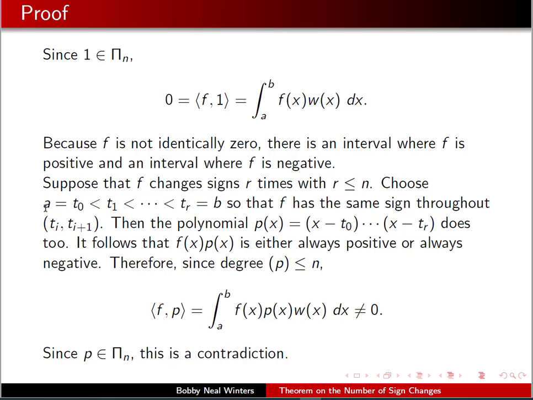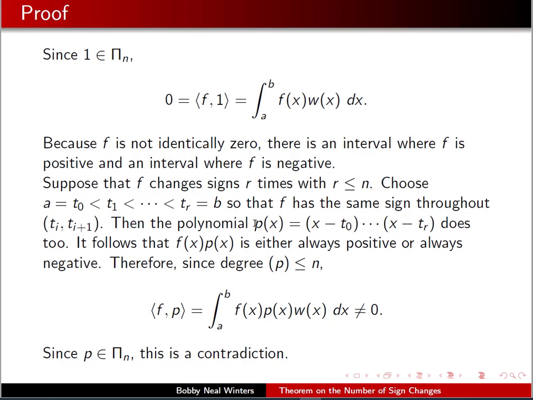Okay, so choose numbers t0 through tr that are strictly increasing so that f has the same sign throughout ti to ti plus 1. So it's the same sign throughout these.